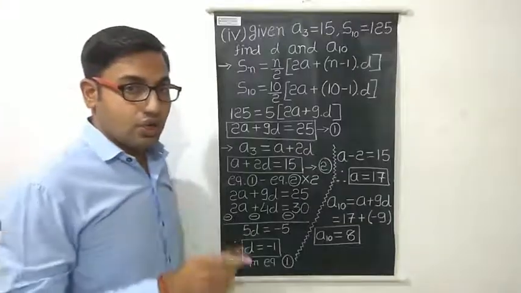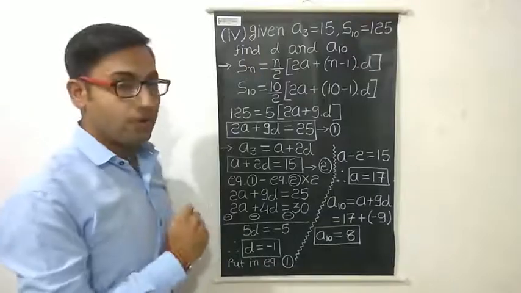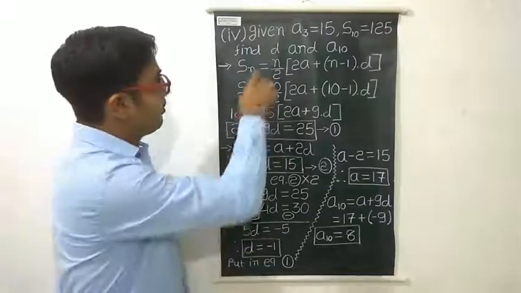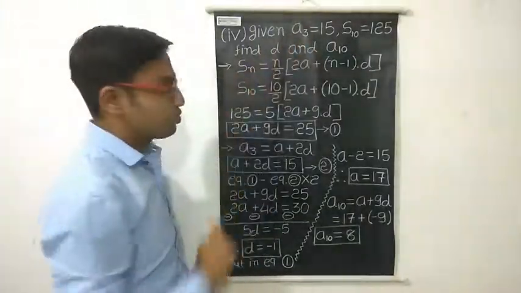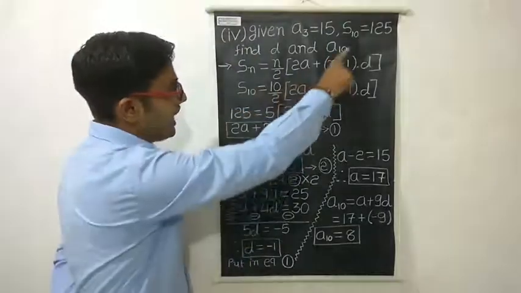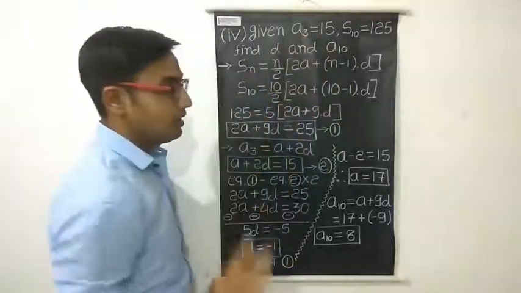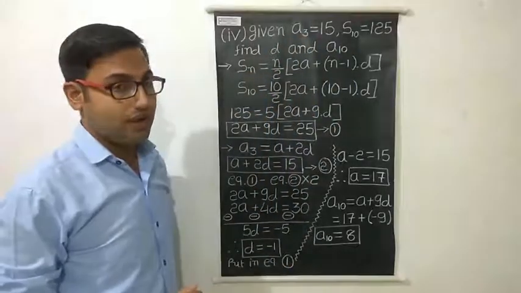Now let us study the next sub-question, number 4. We are given a3 = 15, the value of the third term, and the addition of the first 10 terms, S10 = 125.